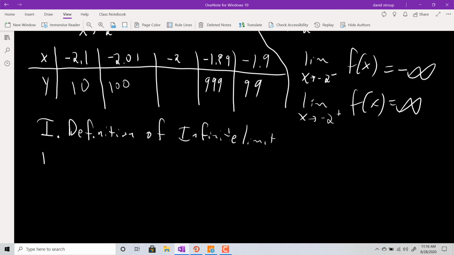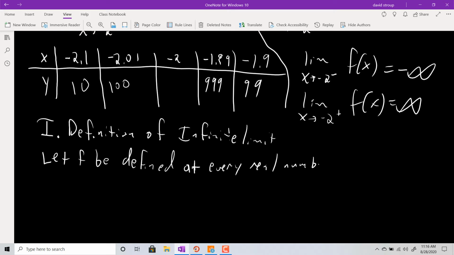We have f defined on some open interval. So let f be a function defined at every real number in some open interval containing this value we're approaching.